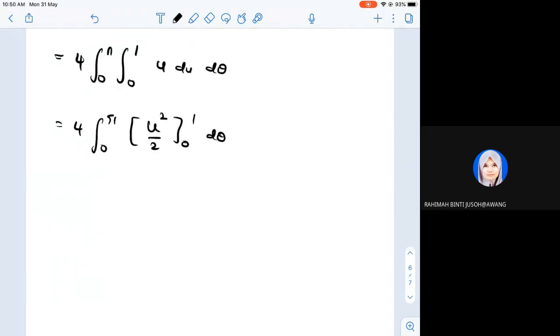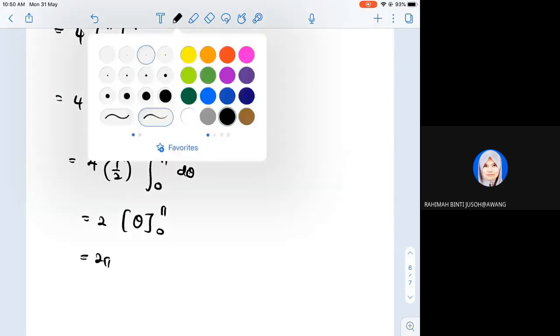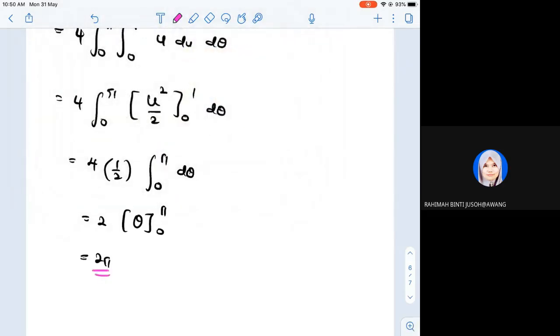So we will have 1 over 2. So 4 times 1 over 2 lah bawa keluar. So 0 until pi d theta. So we will have 2. Integrate 1 with respect to theta should get theta. So 0 until pi. Therefore we will have 2 pi. Okay, so the answer is 2 pi for the first question.